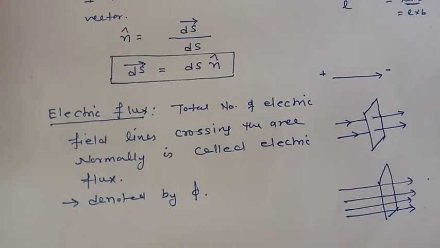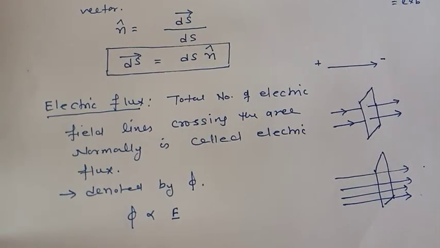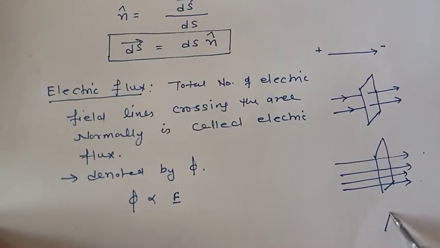So it means your electric flux depends upon the electric field lines. Larger the electric field lines crossing through the area normally, larger the electric flux. Now suppose you are having another surface here like this one, and here only two electric field lines are crossing.